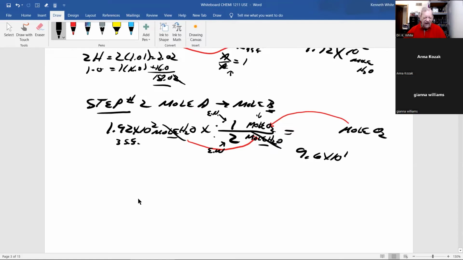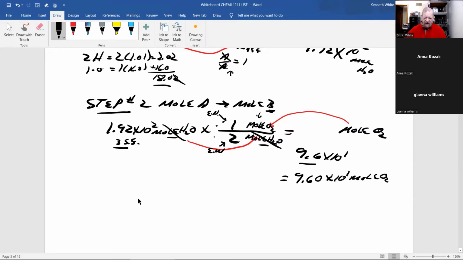So now we have this should be 3. Oh no, this is only 2. How do we convert that to 3? Put a 0 at the end, and now we have how many moles of oxygen we need.